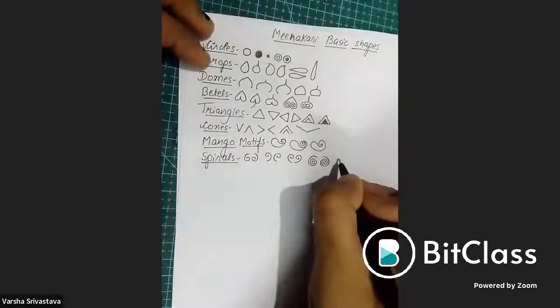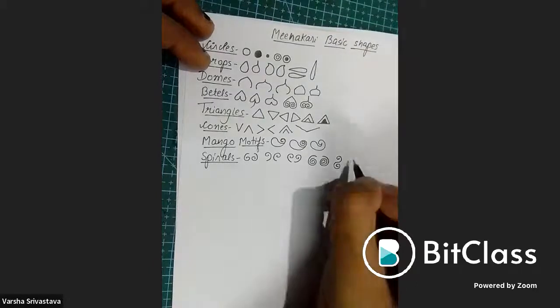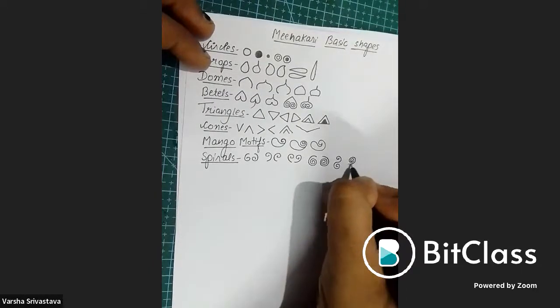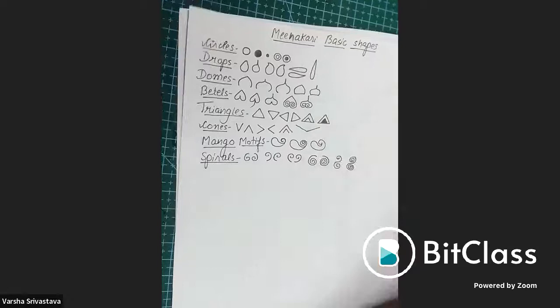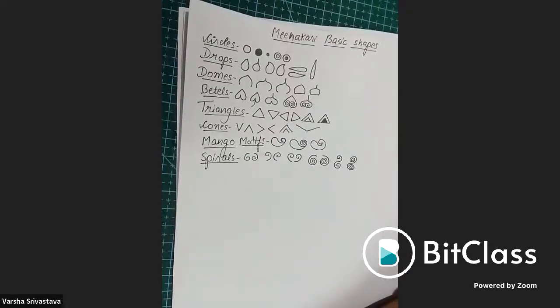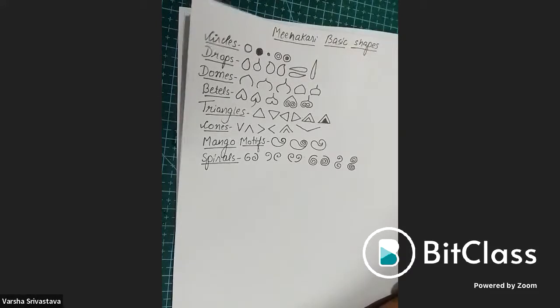Then I'm making the spiral like this. And then you can also add lot of coils to this as well. So these are the spirals.